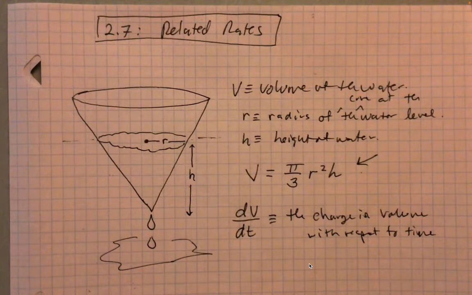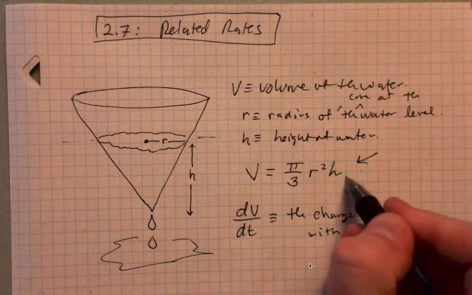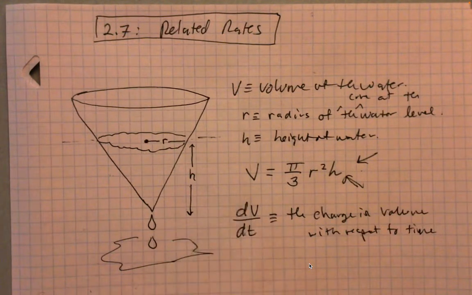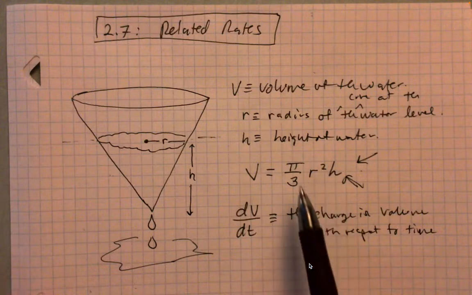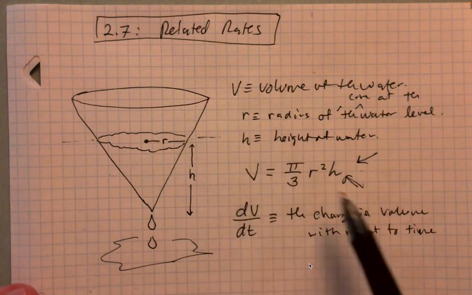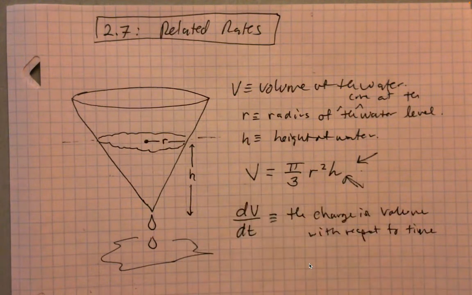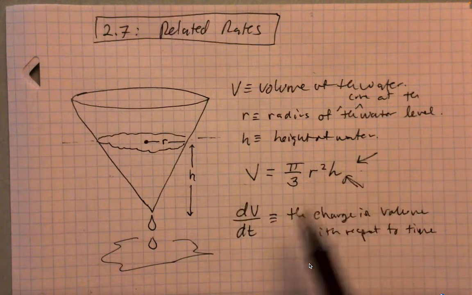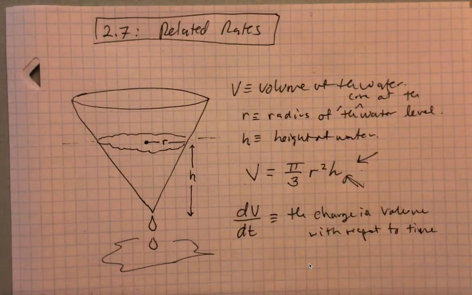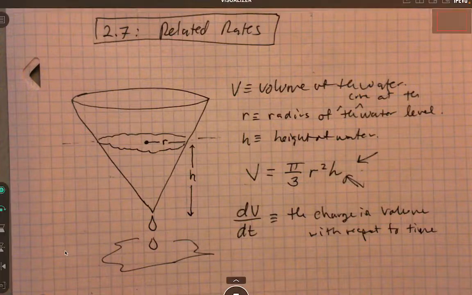Okay, so let's go through the exercise of differentiating this equation right here. And so, because t is not a variable anywhere in this expression, we're going to want to treat this like an implicit differentiation problem. Let me make sure I'm focused here.